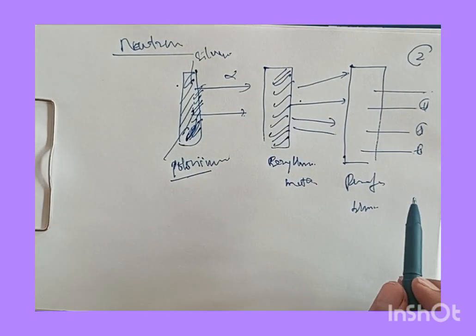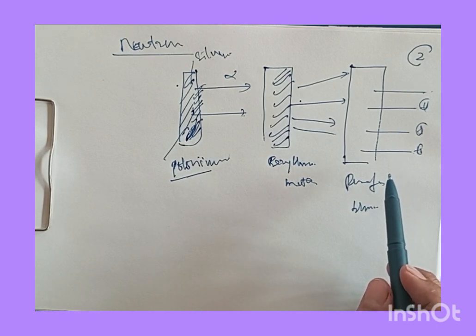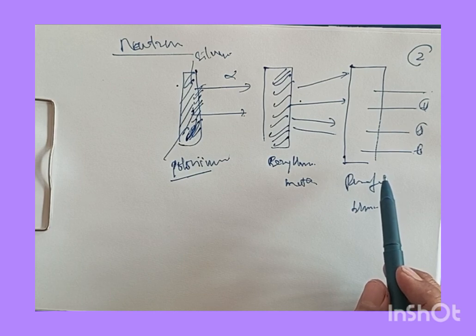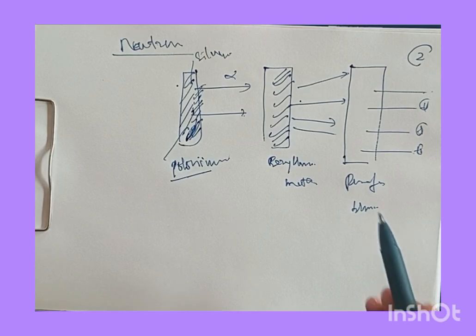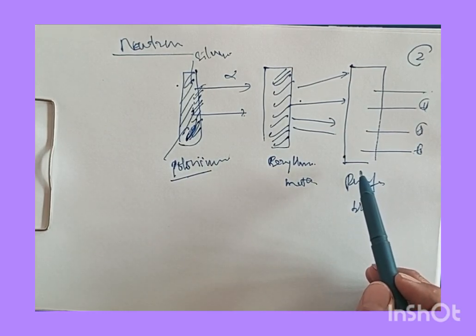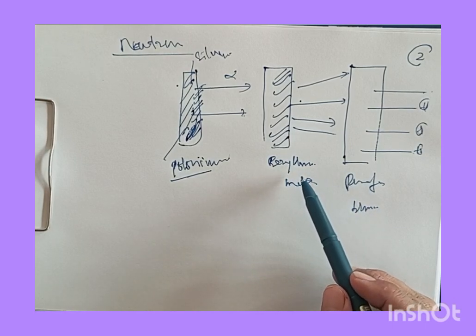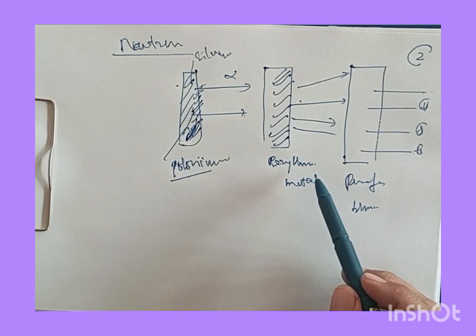And from fundamental laws of energy and momentum conservation, Chadwick showed that the penetrating rays emerging from this beryllium metal were neutral particles having no charge, with mass nearly equal to that of protons.